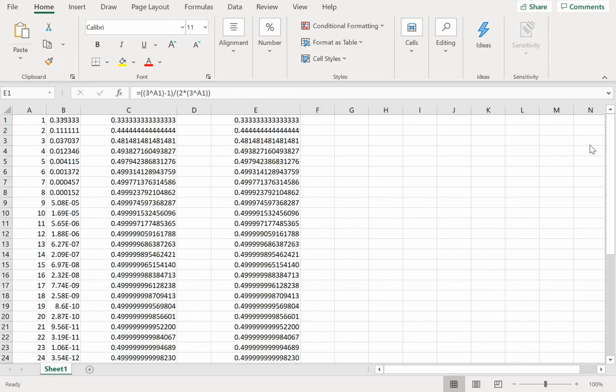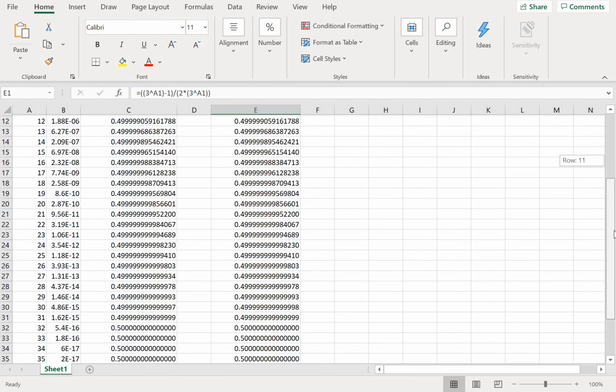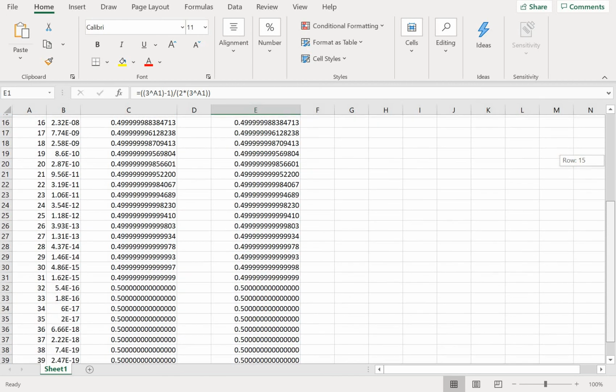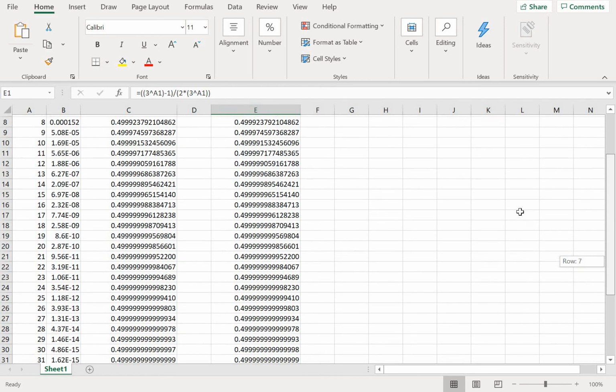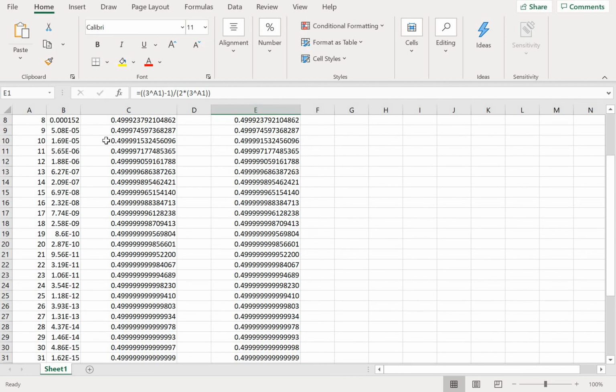Going back to the Excel spreadsheet, and we'll go down to n equals 40, we can see our values here. Now it's actually given us 1/2. So you can see how it just appears to approach 1/2.